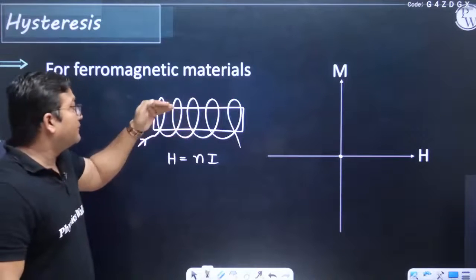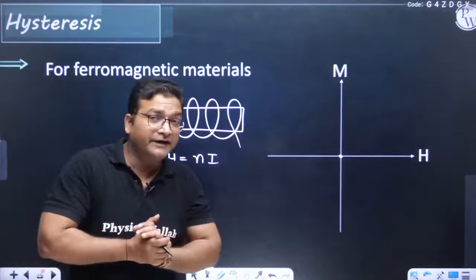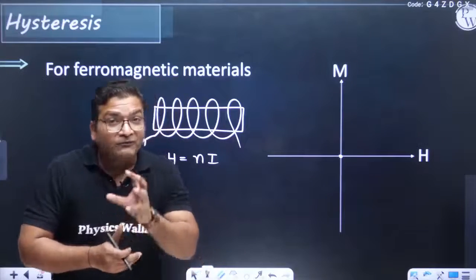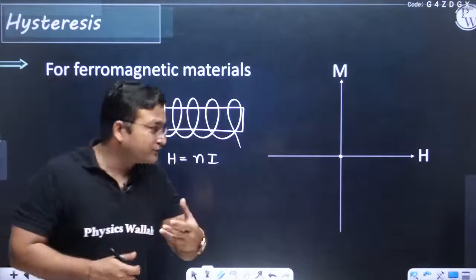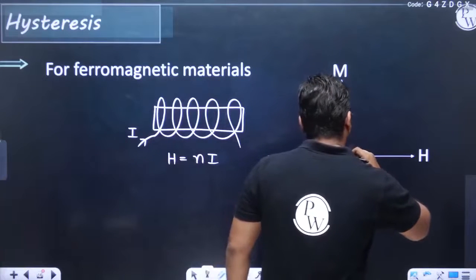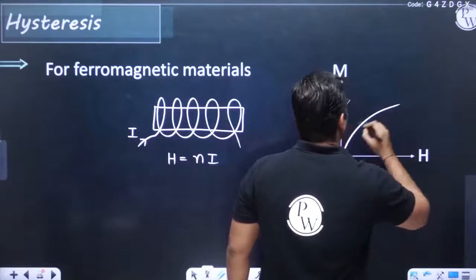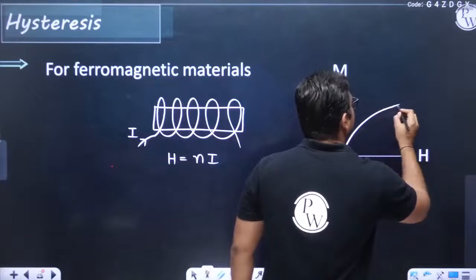The domains of the ferromagnetic substance try to align themselves in the direction of the H field. The M vector is induced, and what we see is that M and H are not linearly dependent. They have a non-linear relationship like this.